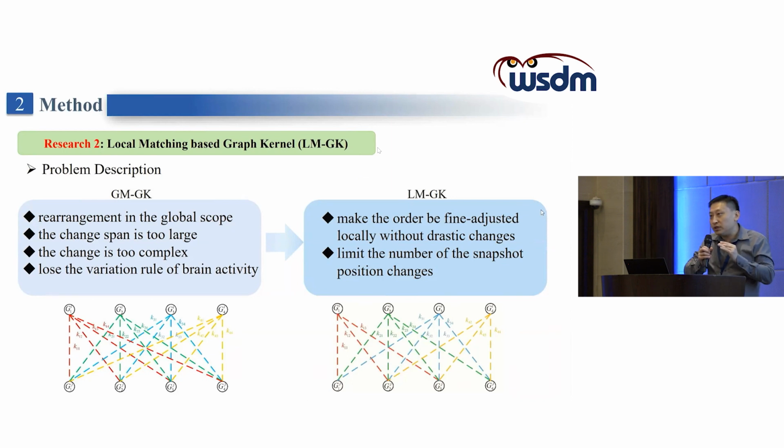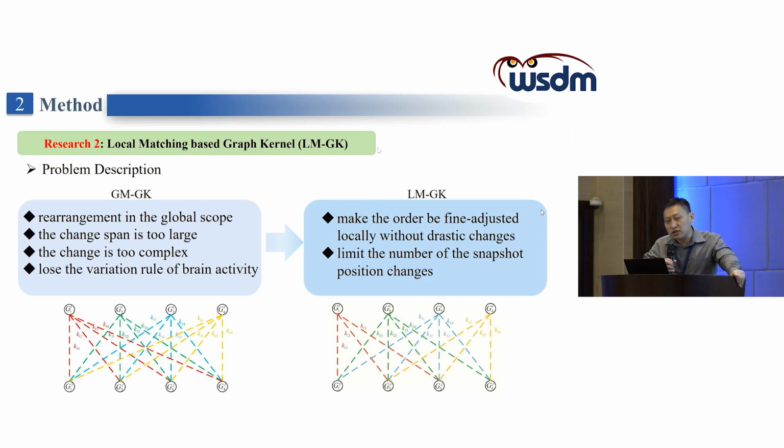It could be that the first person thinks about seeing 1, 2, 3, then 4, 5, 6. But the other one could think in the order of 2, 1, 3, then 6, 4, 5. But roughly speaking, the order should be somehow preserved with some local arrangements, okay?